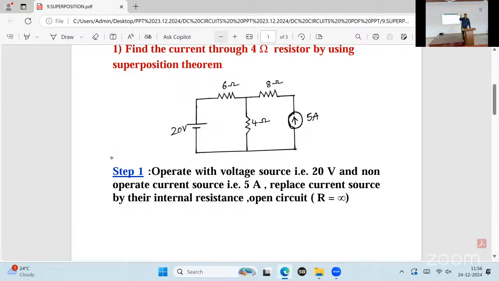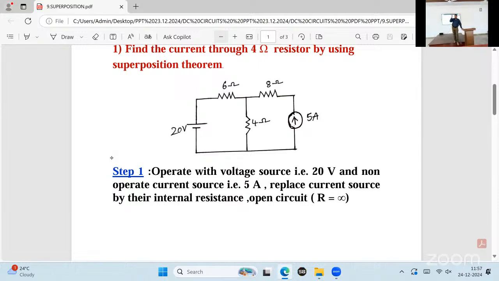R is equal to infinity, open circuit. You have to remember this.